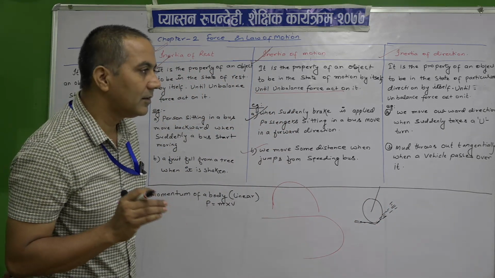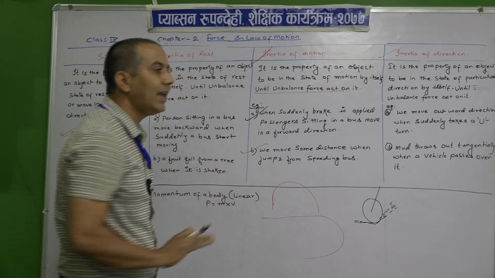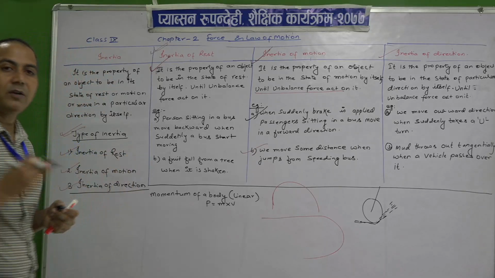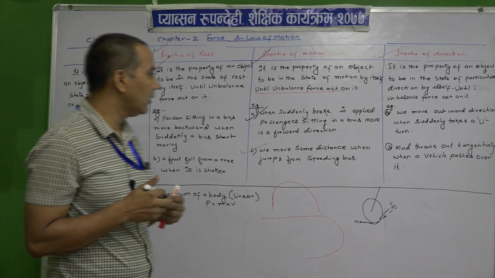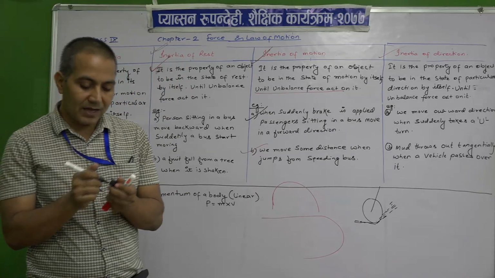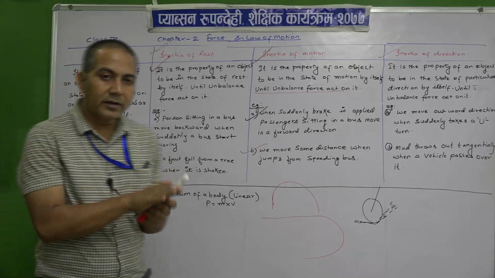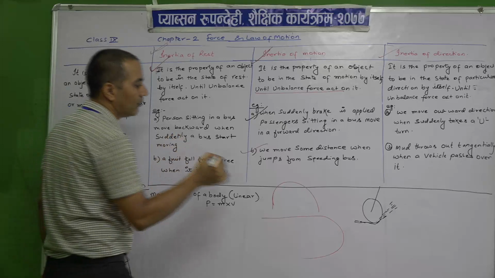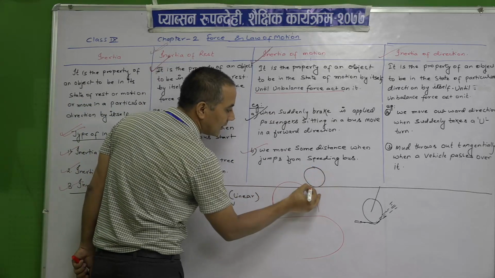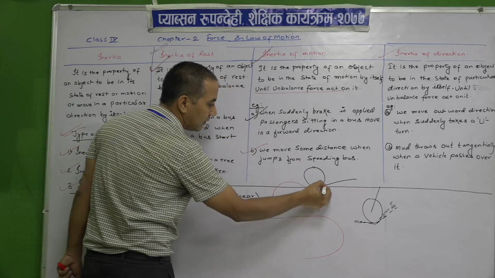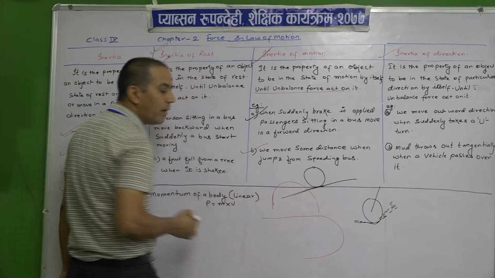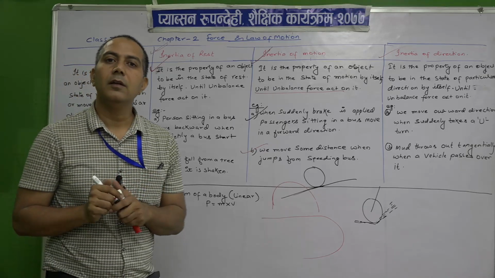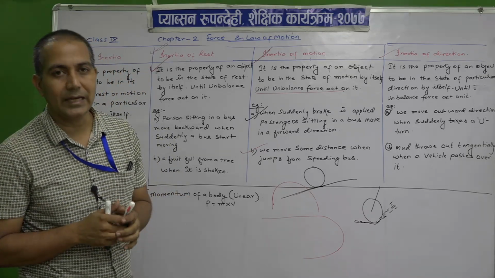Why does that happen? When the vehicle passes, the water spreads backward and upward, along the tangent. Why does it happen? Because of the inertia of direction.